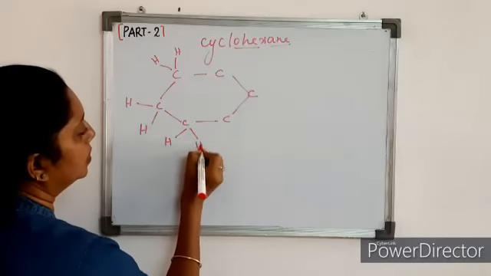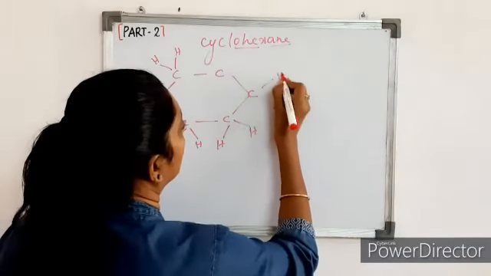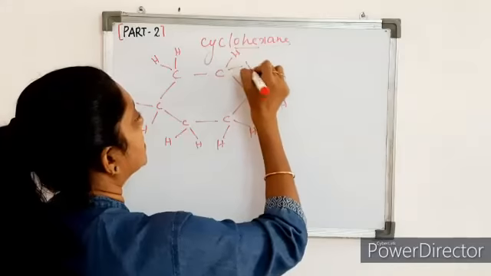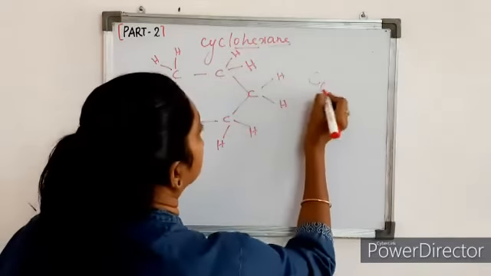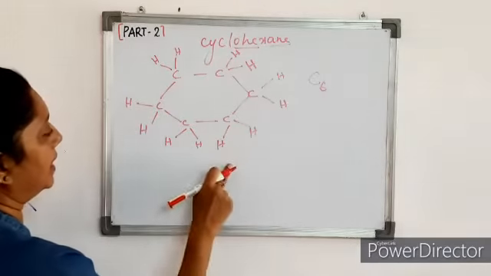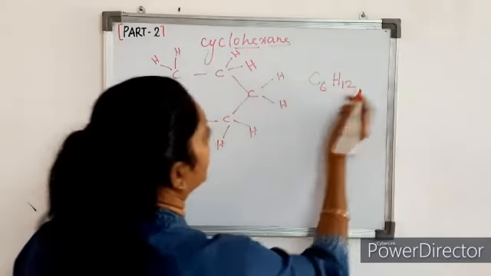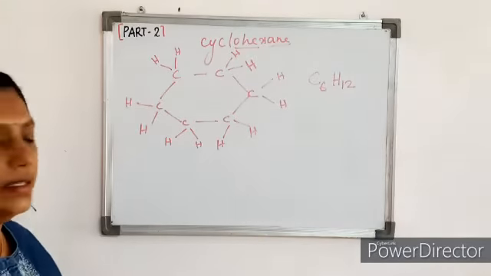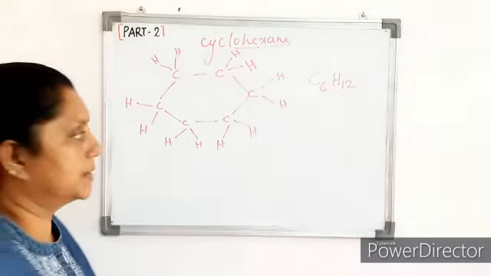This is the structure for cyclohexane. 6 carbon atoms and how many hydrogen atoms? 2, 4, 6, 8, 10 and 12. C6H12. This is the formula for cyclohexane. Here single bonds are between carbon atoms.